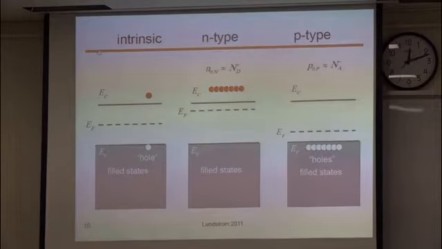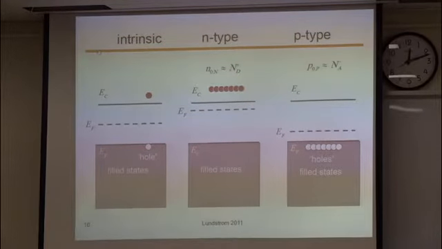So in this way, intrinsic silicon can be converted into N-type or P-type depending on the inserted dopant. N-type is phosphorus insertion, and P-type is boron insertion.